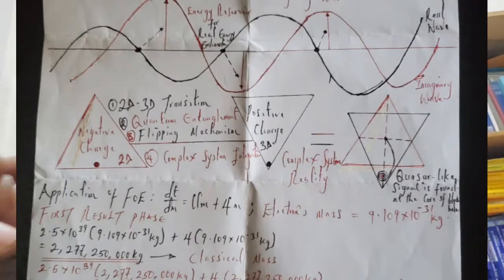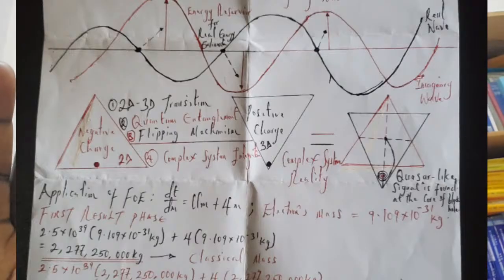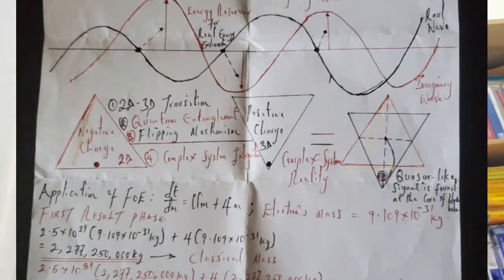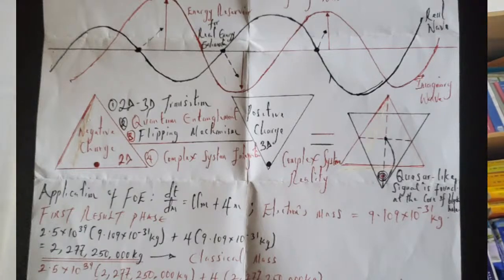So I have a particular video on that. I titled that Interconnectivity of Dimensions. So now, quantum entanglement, then we have the flipping mechanism, which will happen at the point of contact with the positron.